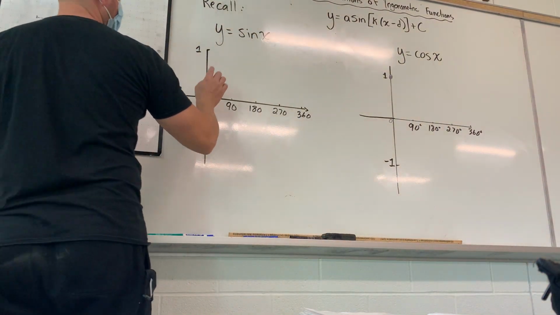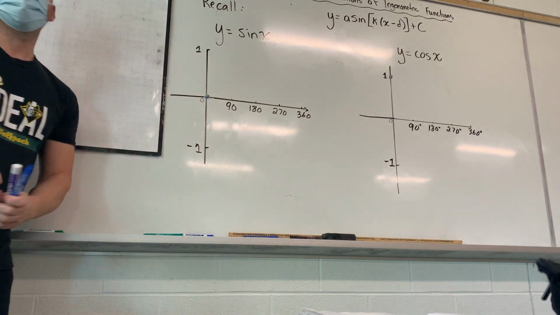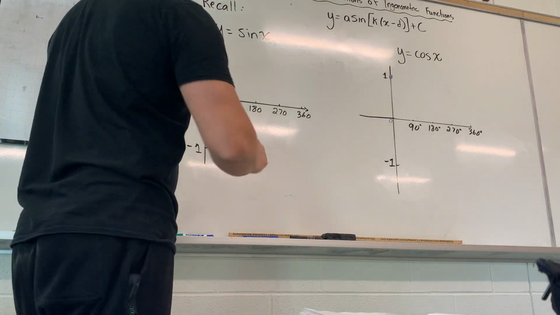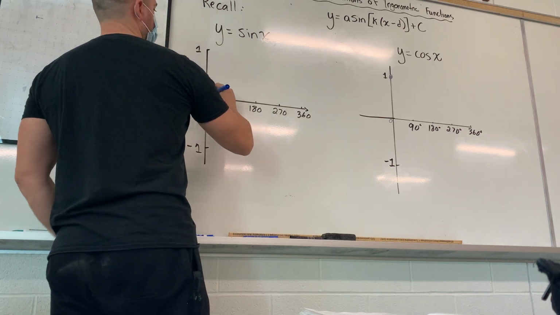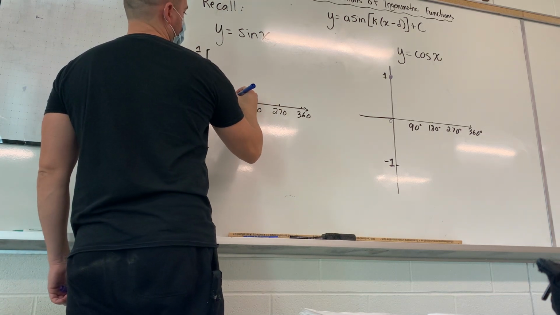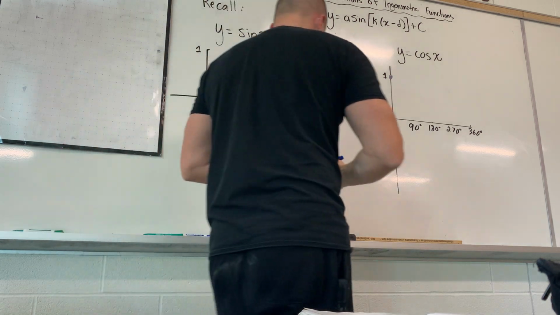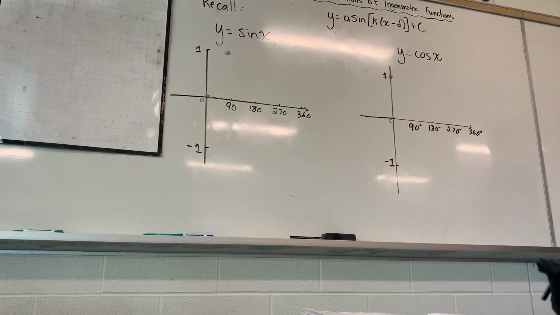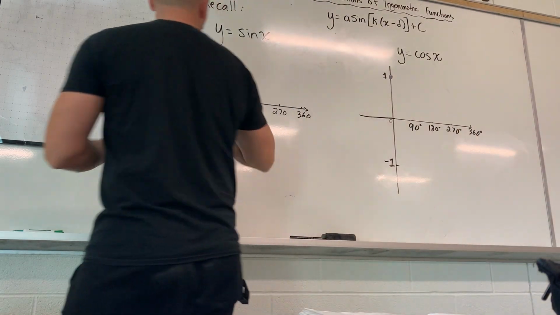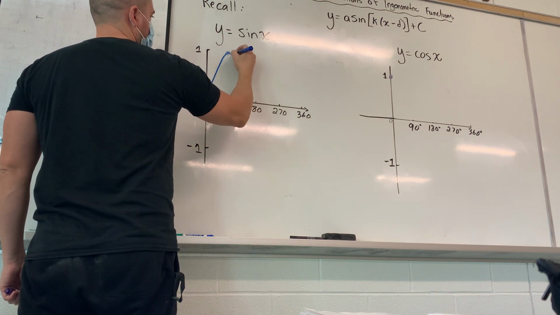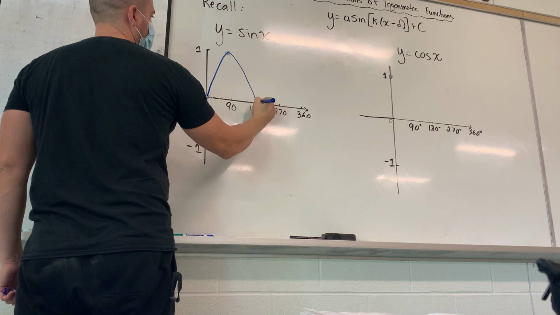So we go from 0, and then where does sine go? Up to 1. So it starts at 0, 0, then goes up to 1, where 90 is. So it goes at 90 and 1. Once it hits that point, it comes back down to 0 at 180.